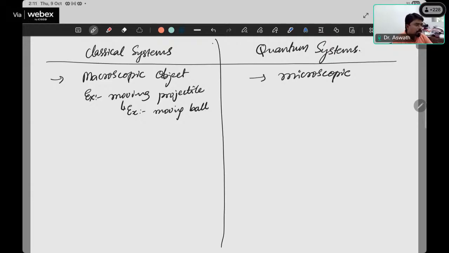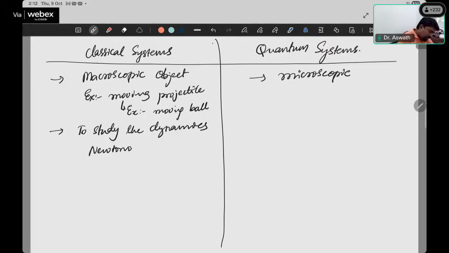To explain the dynamics of that object, we would use Newtonian dynamics, or Newtonian laws: the first law of Newton, second law of Newton, third law of Newton, and any other laws derived from those. Those come under the same thing.